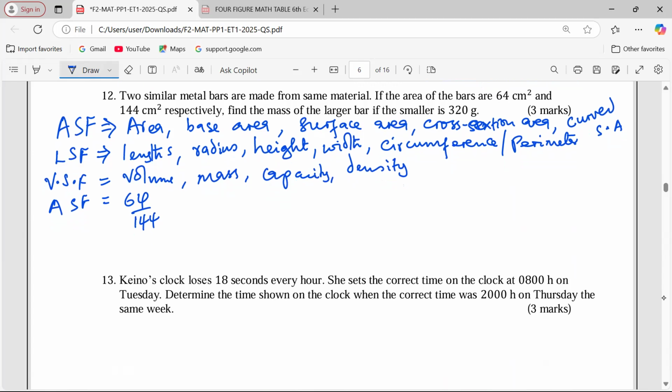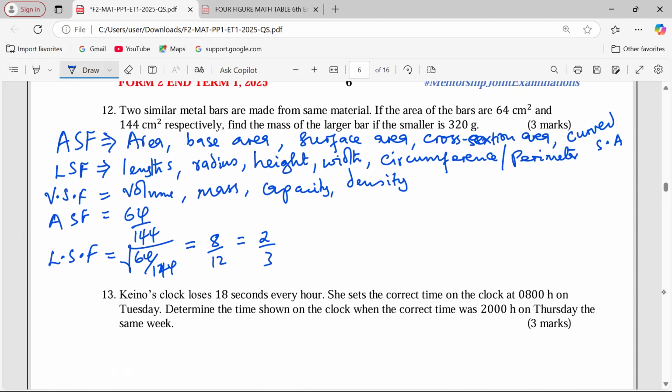Now, with area scale factor, for us to get linear scale factor, we should obtain the square root of the area scale factor. So the square root is going to be 8 over 12. And you see it can be simplified further by 4, to 2 over 3. So the linear scale factor can be 2/3. That's what I want you to know.